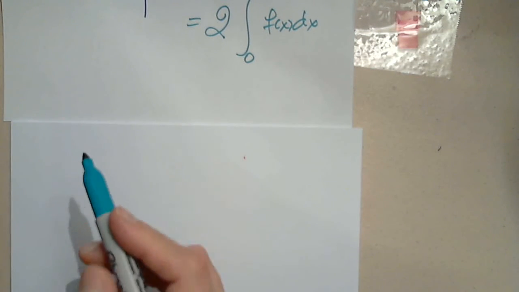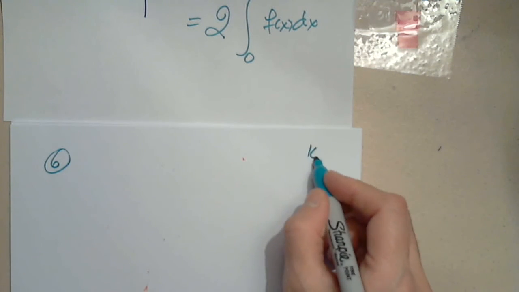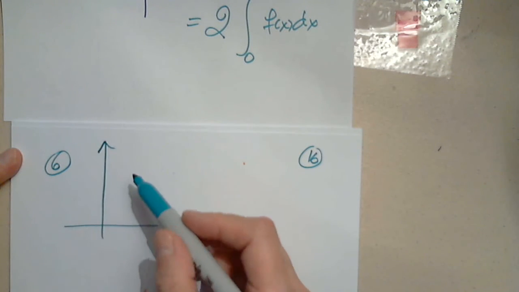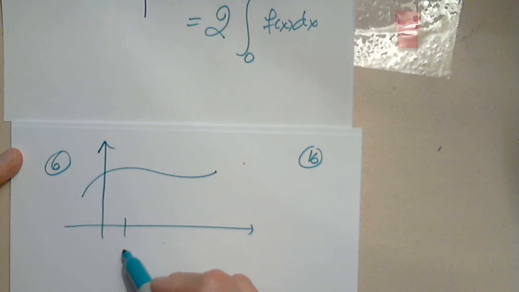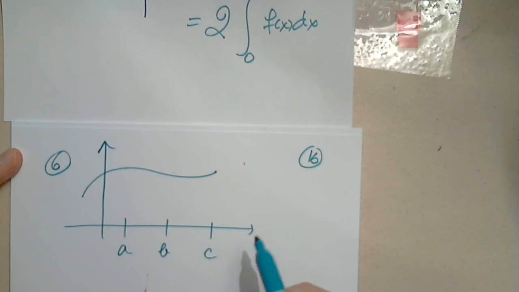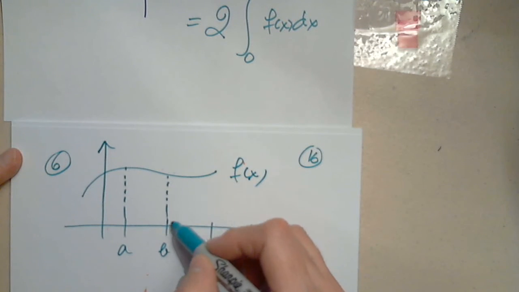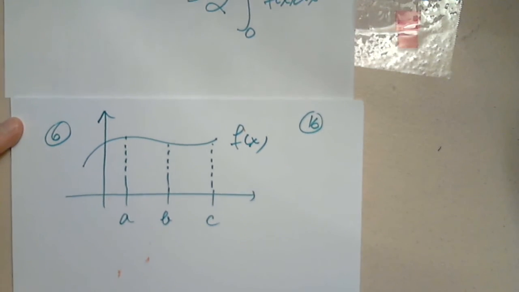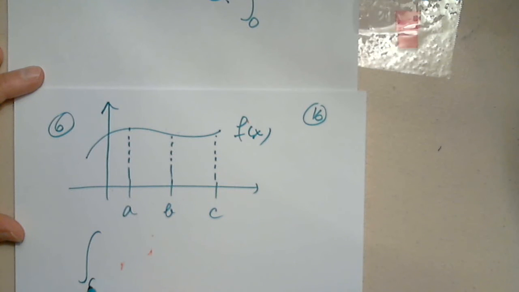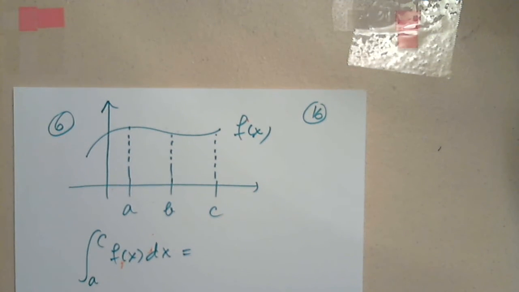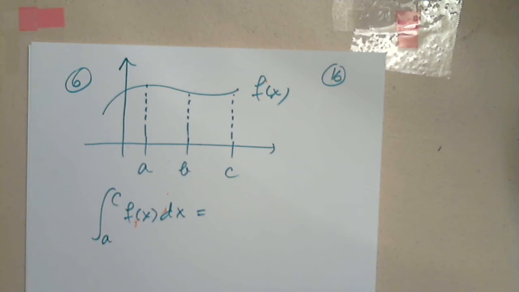Let's look at the next property. Here's a function. Here's A, here's B, here's C. And I want to determine the integral from A to C from f of x dx. We know that the definite integral is a limit, so it's the same procedure.